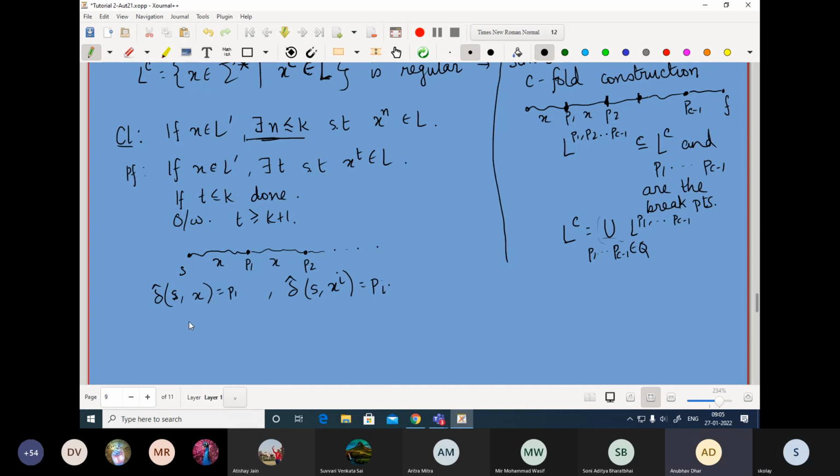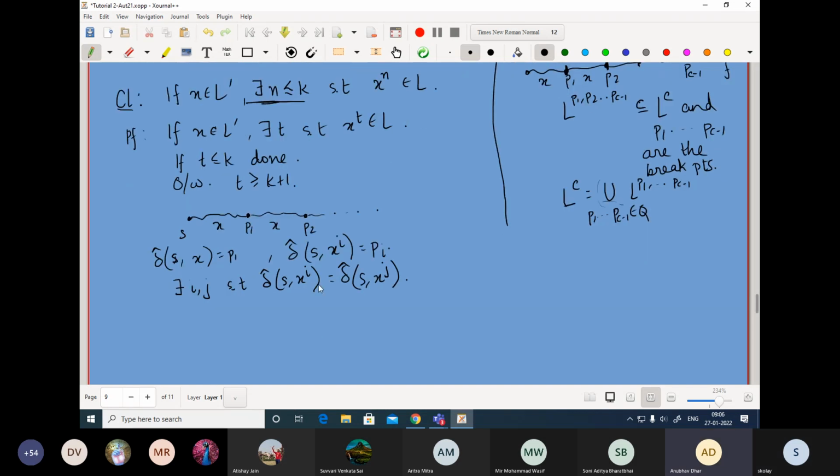Ma'am, I think we can define t to be the smallest natural number such that this happens. Then we can say that there must be a repetition of states in the set P1, P2, up to Pk. There must be i, j such that delta hat of s, x to the i is equal to delta hat of s, x to the j.